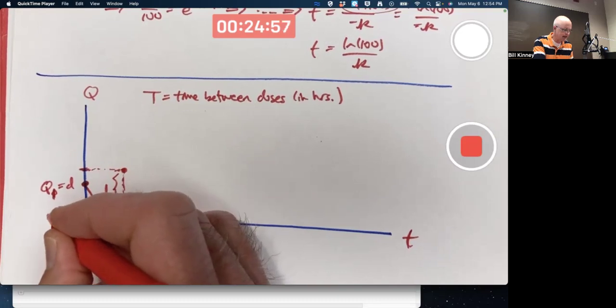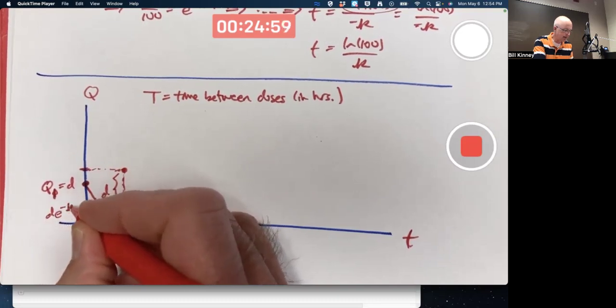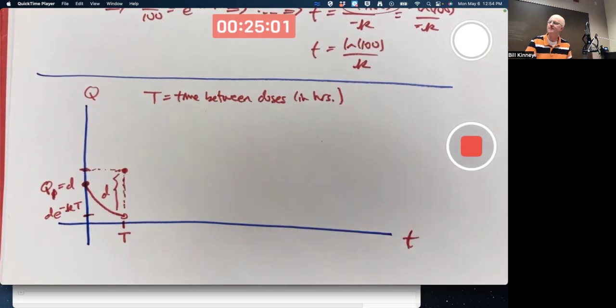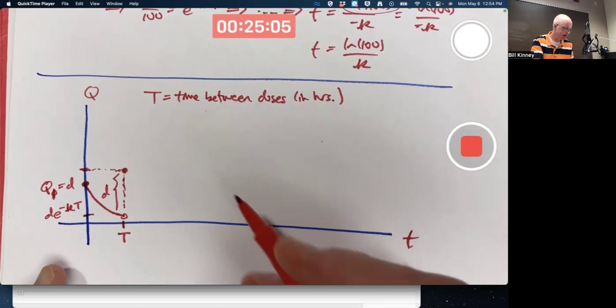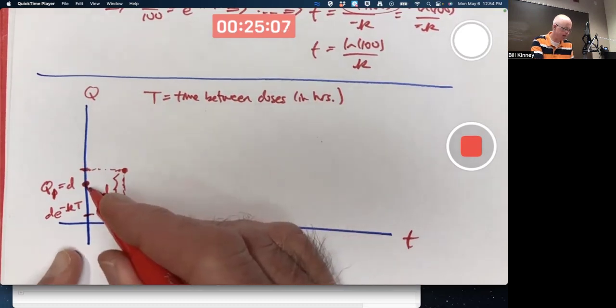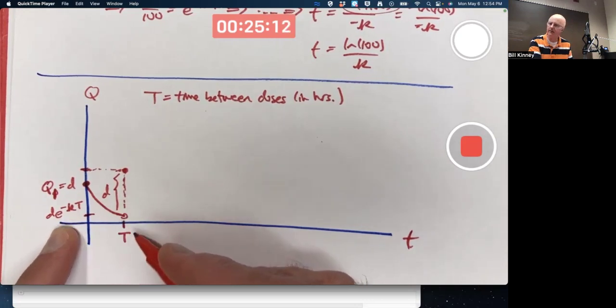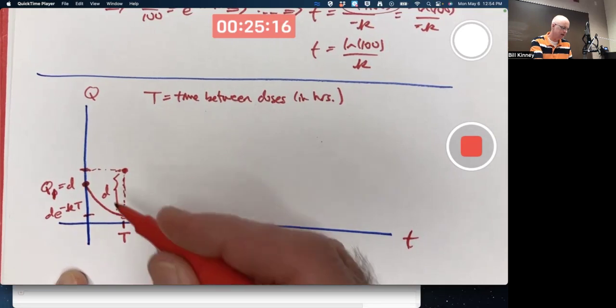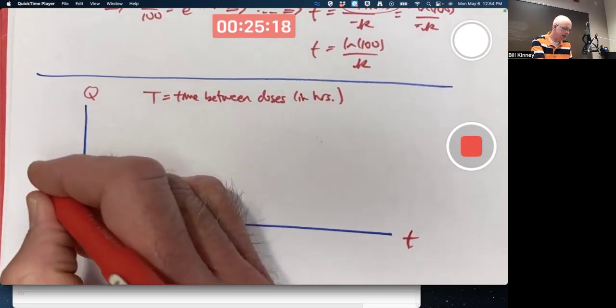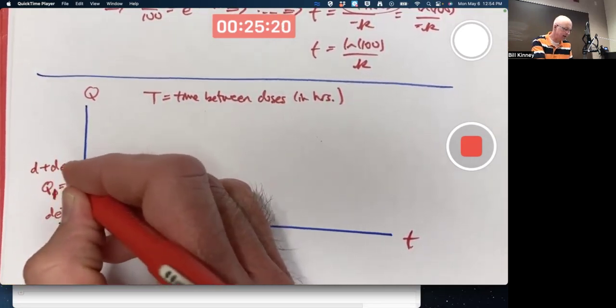That's got to be D e to the negative K times capital T. Right? Because at time 0, D was the Q naught. It's decaying until time capital T. I'm multiplying it by e to the negative K times capital T. So this new amount right here has got to be D plus that, D plus D e to the negative KT.